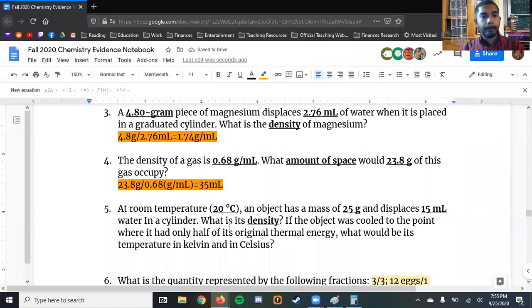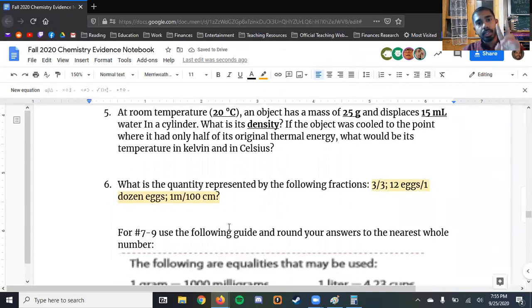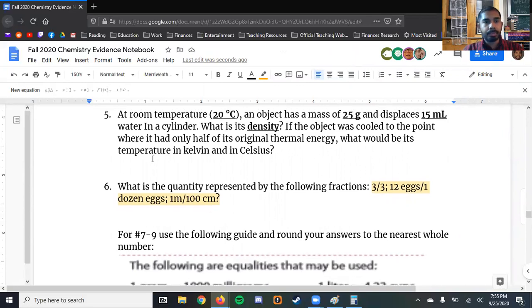Done and done. Okay, now this is a two-part question, and it's not exactly typical here. We have a room temperature object, and it's got a mass of 25 grams, and it displaces 15 milliliters of water. So we toss an object into water, it rises 15 milliliters. That's its volume. What's the density? Well, we already know what density is.